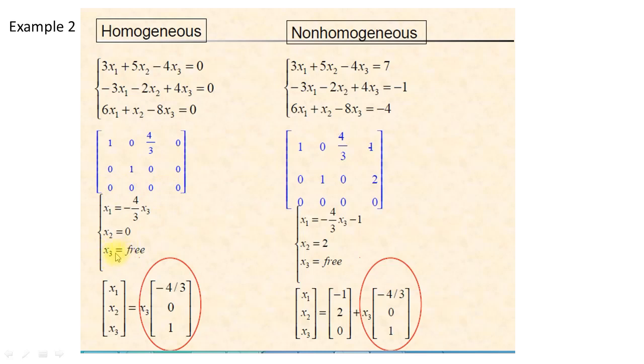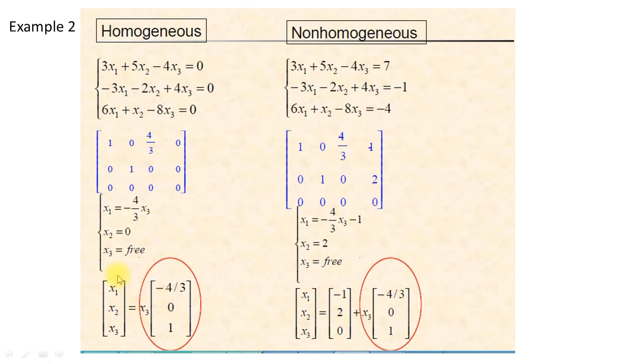So putting different values of x3 we obtain different values of x1. For any real number we obtain a real number for x1. So there are so many solutions for this homogeneous system.